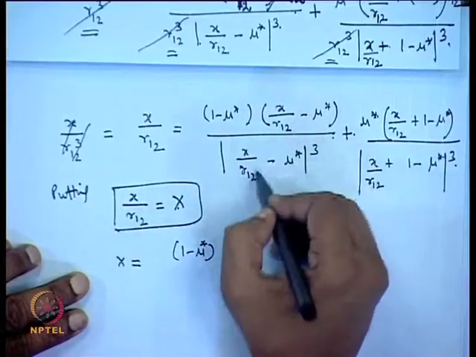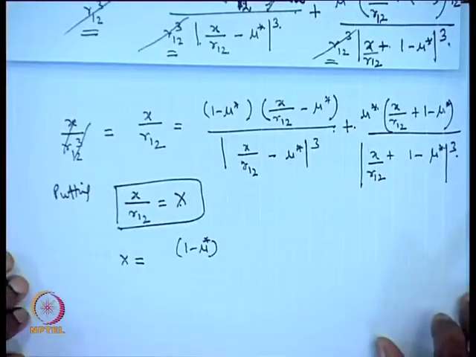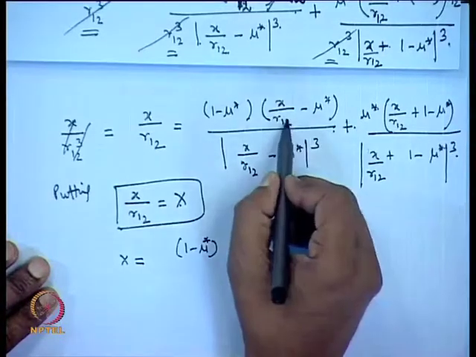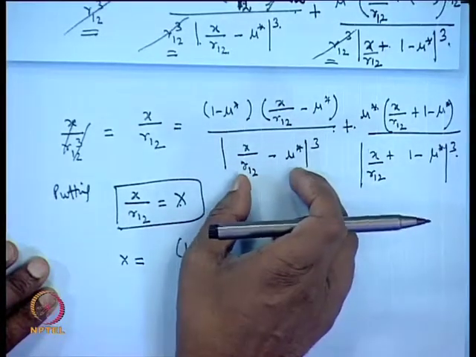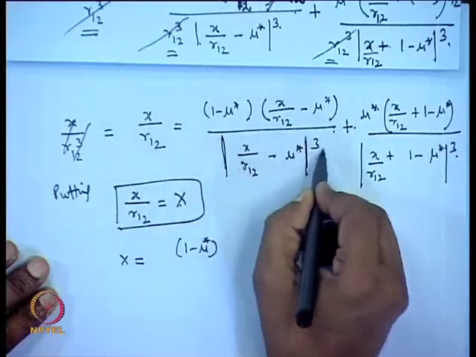Okay. Here one term we can cancel out, provided this quantity here, which is the modulus, we are writing the modulus cube.